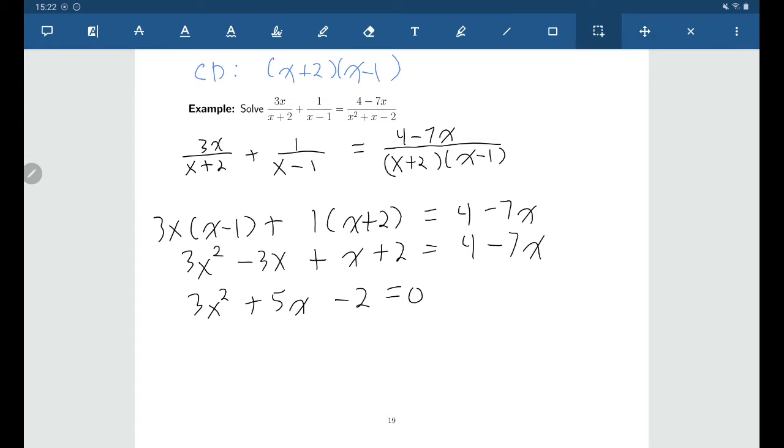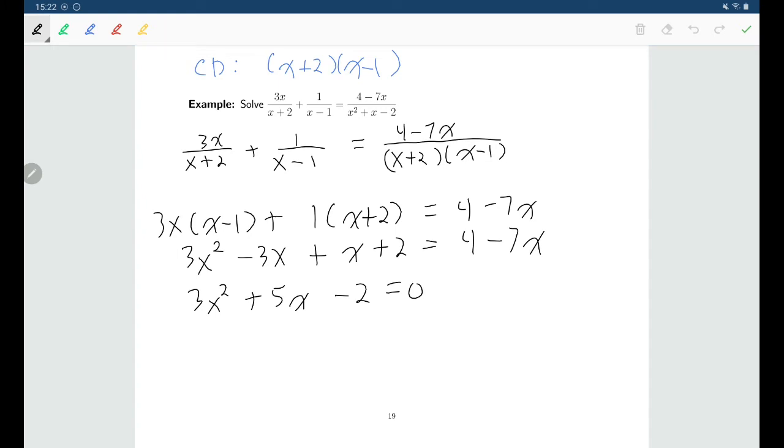So here I've got my polynomial on one side equal to 0. I could either try to complete the square if I felt like that was a nice choice, or I could just use the quadratic formula, or I could try to factor. Now, factoring tends to be fastest, so that's what I'll start with. And if I can factor, then I'll do it that way, and if not, then I'll need to find some other approach.